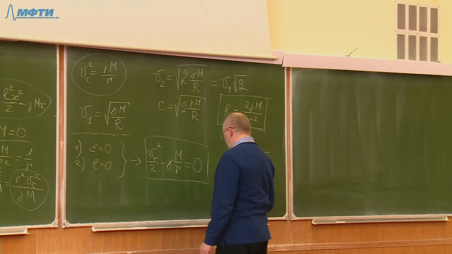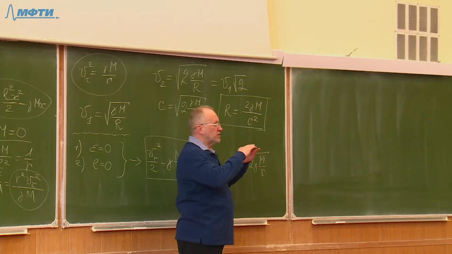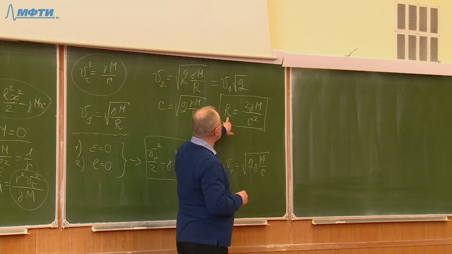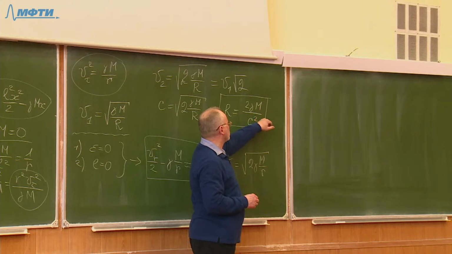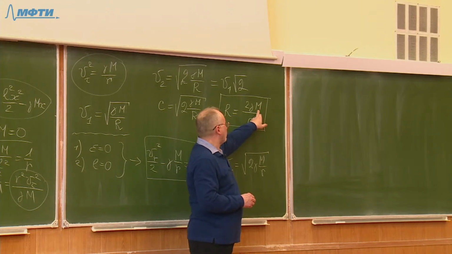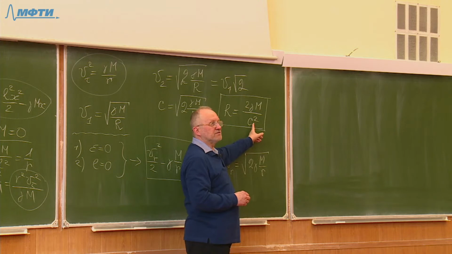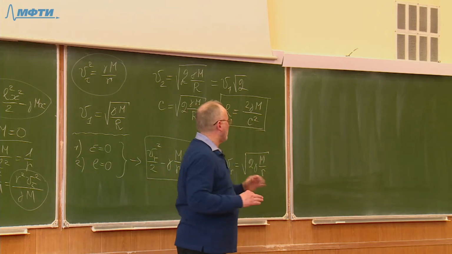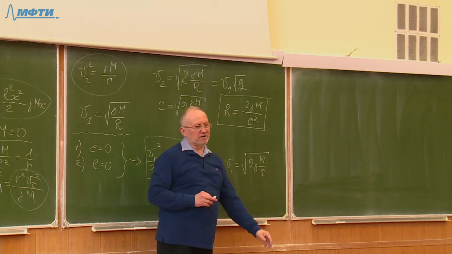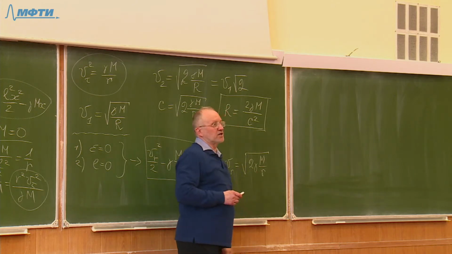That is the radius of the sphere such that from inside the sphere nothing can leave the strong gravitational field of this capital M. Nothing can leave, because in order to leave this gravitational field, you need to move with the velocity of light or even higher if you go just a little bit beneath this radius. And this radius is called the event horizon. This radius is called an event horizon for a black hole.